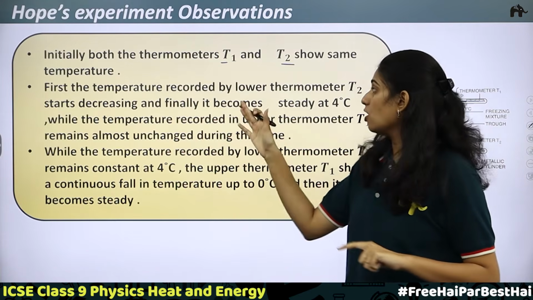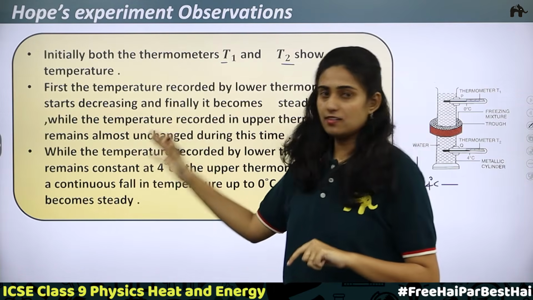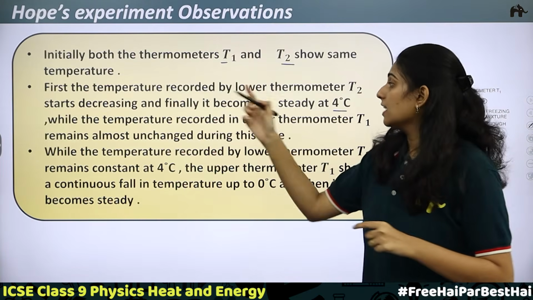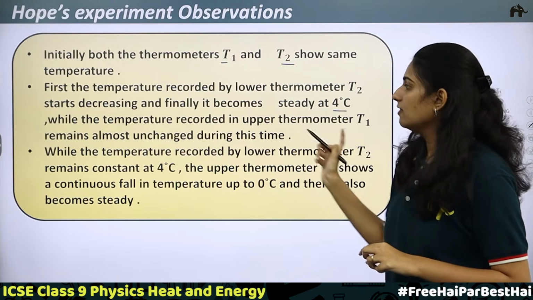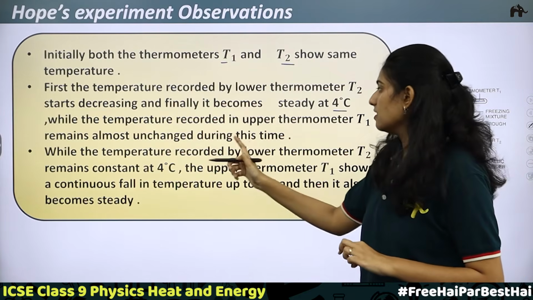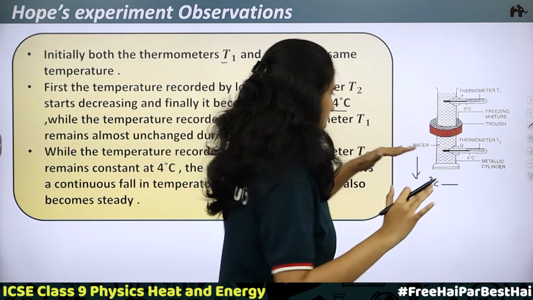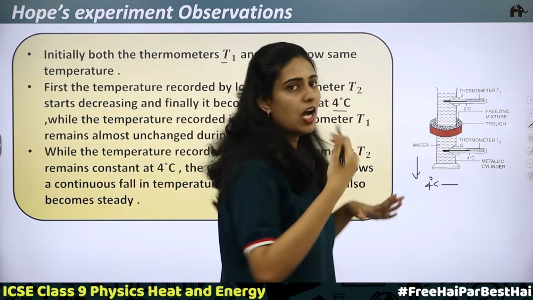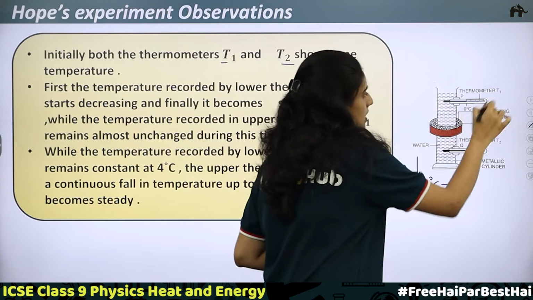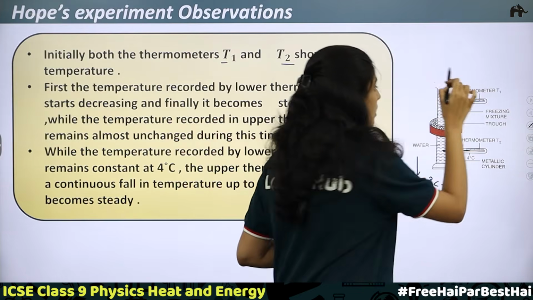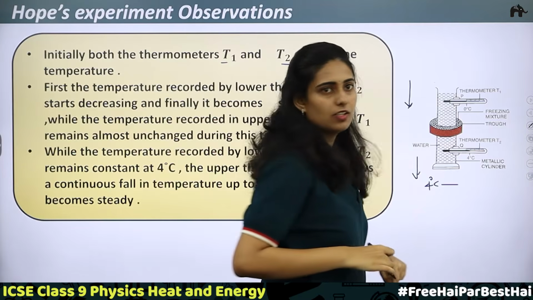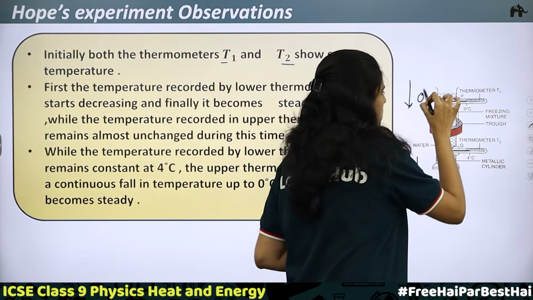First, the temperature recorded by lower thermometer T2 starts decreasing and finally it becomes steady at 4 degrees Celsius, while the temperature recorded in upper thermometer T1 remains almost unchanged during this period. Once 4 degrees Celsius is reached, it remains steady. Now the temperature starts decreasing in the upper thermometer T1 till it reaches 0 degrees Celsius.